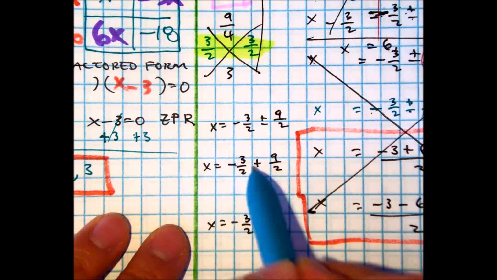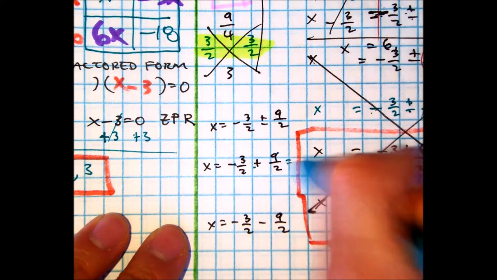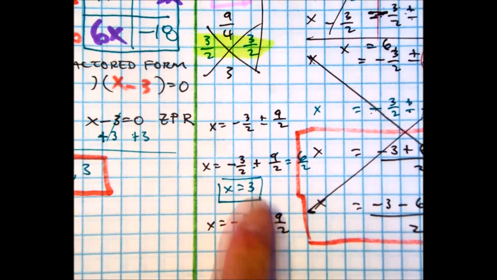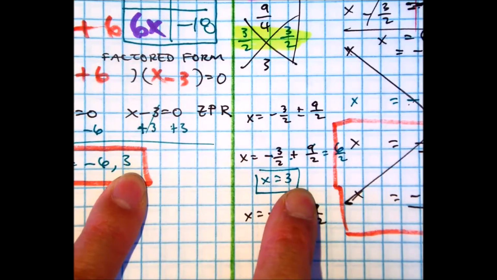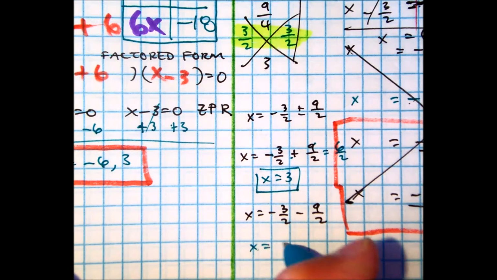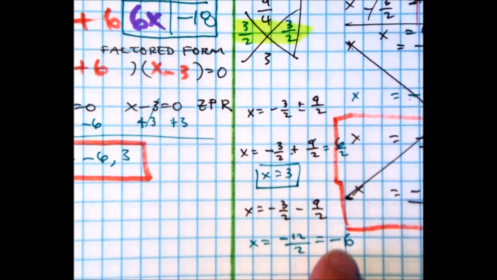Class, negative 3 plus 9 is, and 6 over 2 is, this one is 3. Negative 3 minus 9, and negative 12 divided by 2 is negative 6, which is the other solution.